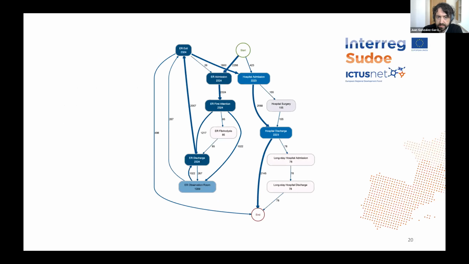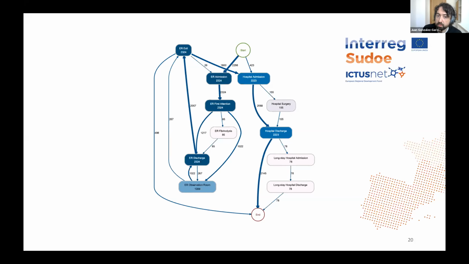So this is an actual process map from the Aragon region linking urgent care data and hospitalization data. And what is this graph saying to us? It is stating that usually the stroke caregiving process starts with the admission to urgent care.